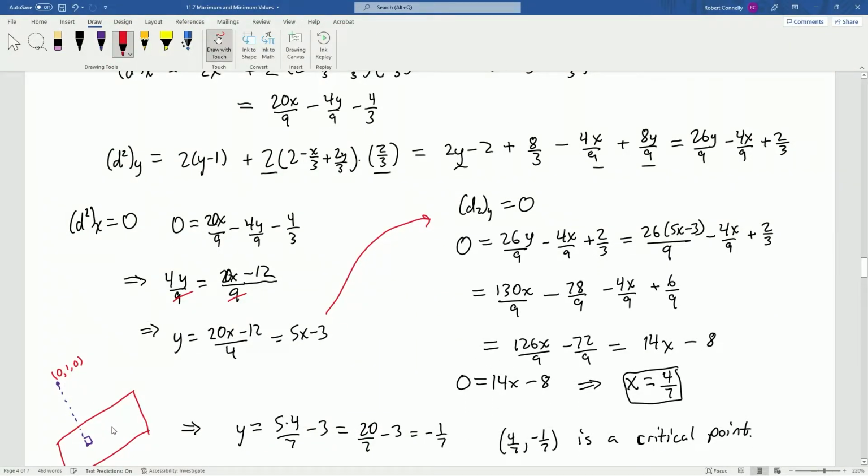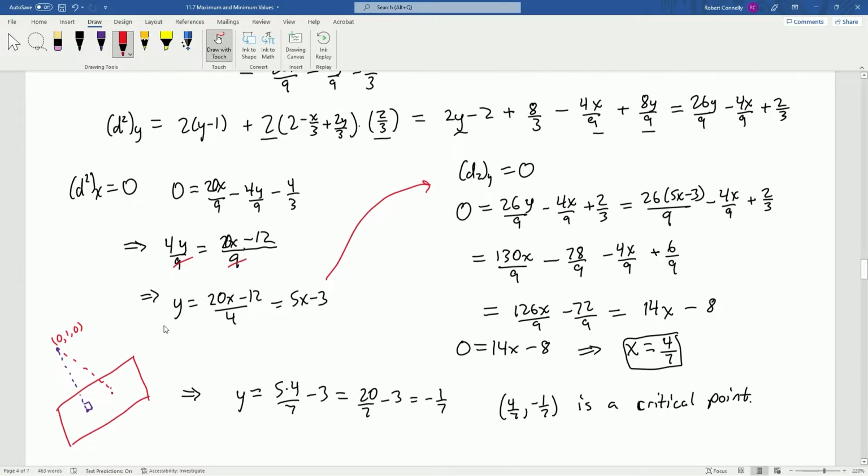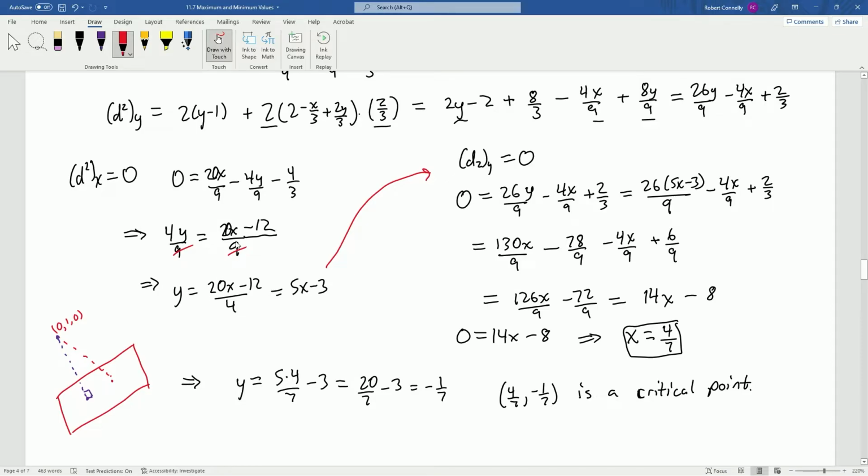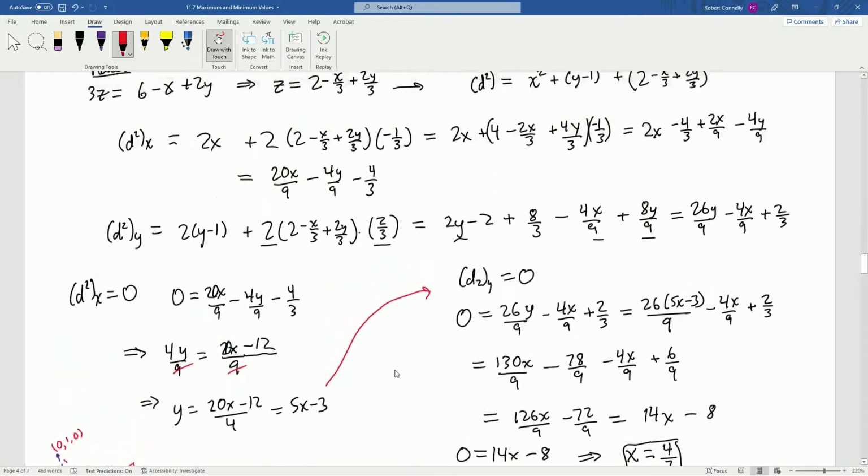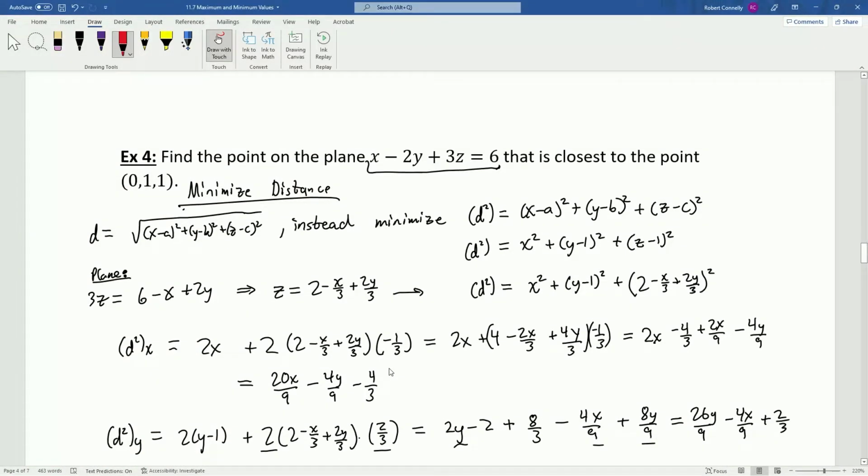Any other point on the plane will always be a longer distance away. So that means this problem can only have a minimization result. You can only minimize this distance. You can't maximize it. So that means this critical point corresponds to the minimum distance, period.